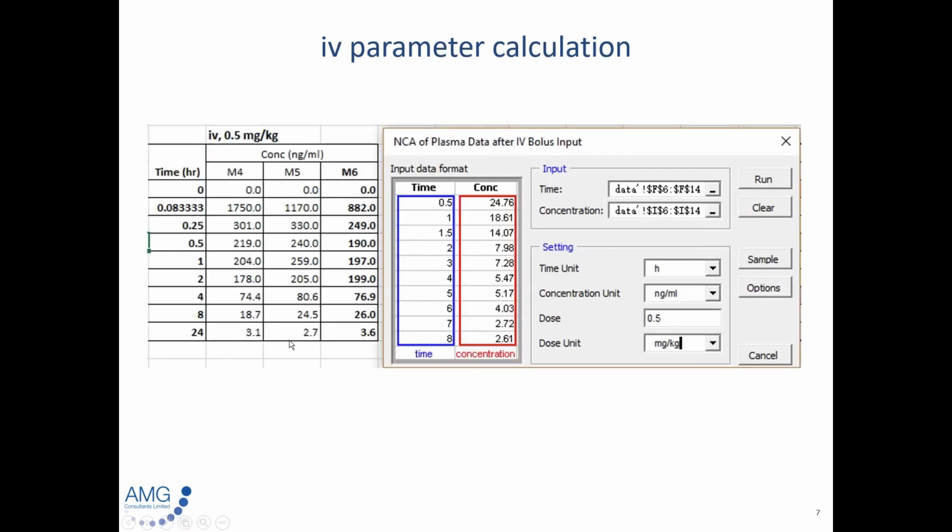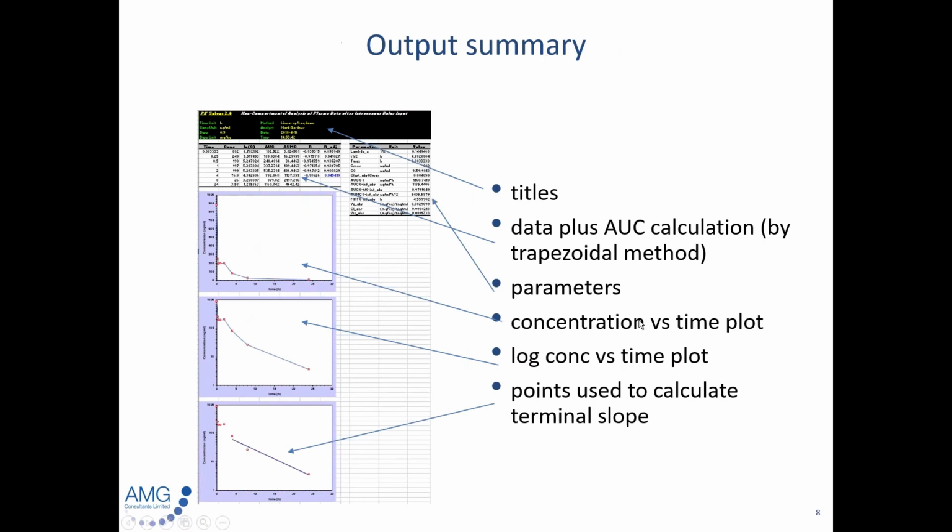This is a list of some raw data that I've got: the time course and then concentration in nanograms per mil. You just click on the time box, and then drag down through the time panel, and the same with the concentration. Put in the time units and concentration units, hit run, and you get this output.